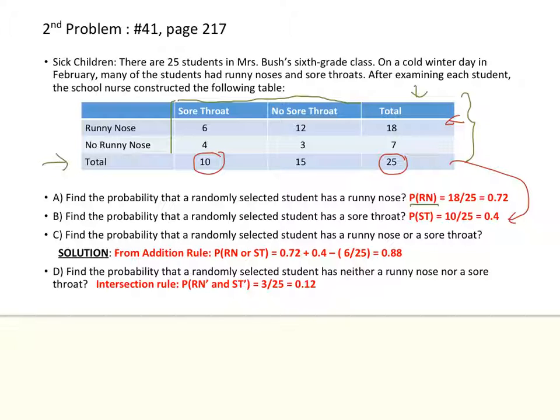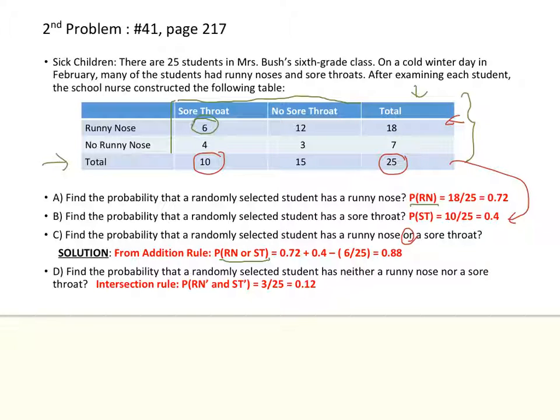Then it says find the probability that a randomly selected student has a runny nose or a sore throat. Well, from the addition rule, we get the following. We add the probability of a runny nose plus the probability of a sore throat, and we subtract off the intersection of sore throat and runny nose.